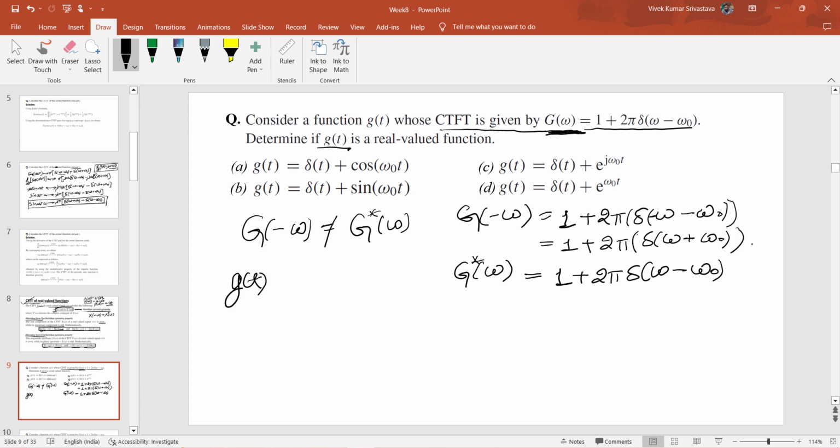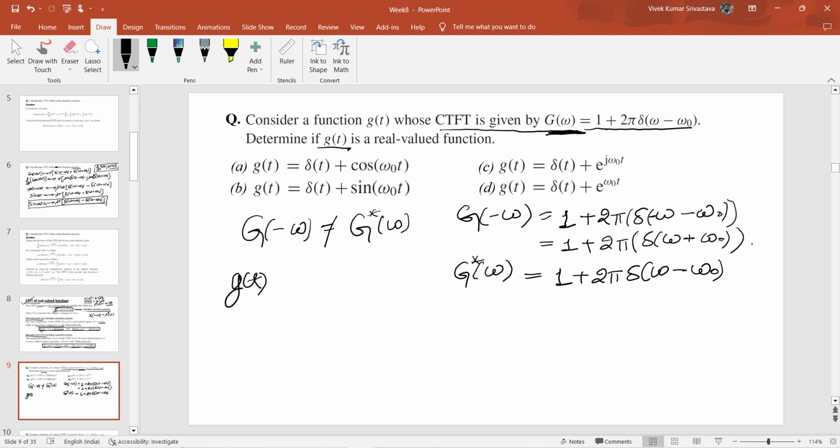Basically G of omega is given here, and it doesn't have any imaginary part. That's why G of omega conjugate is nothing but equal to G of omega. Got it. So if there is no imaginary part, the conjugate is the same as the real. Yes, yes. Okay, got it.